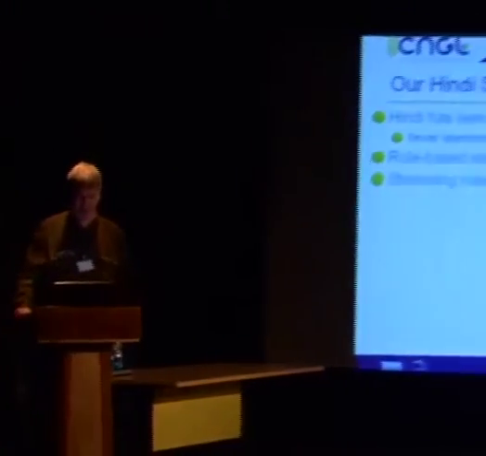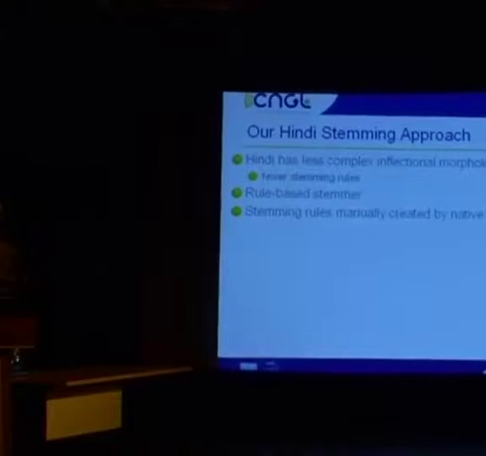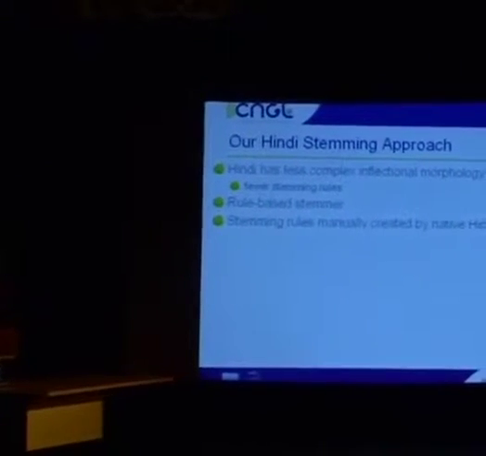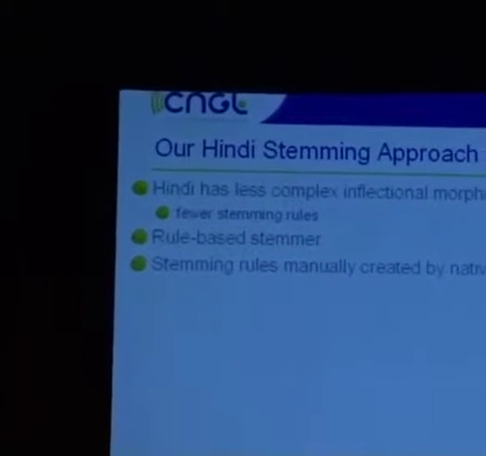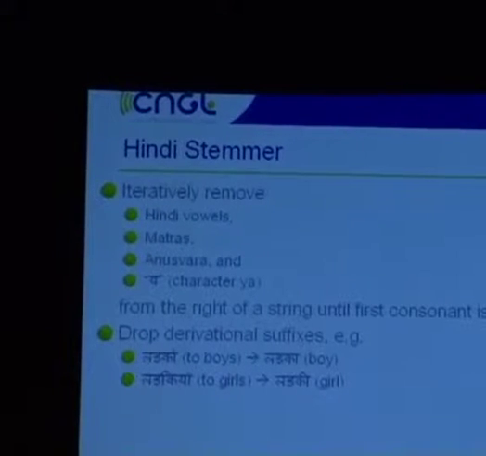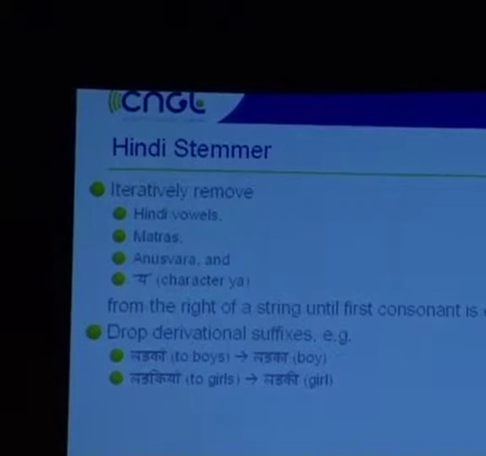The Hindi approach is somewhat similar, but compared to Bengali, we have fewer stemming rules. Again, we have a rule-based stemmer, which was created manually by the same native speaker. And this is a bit different.